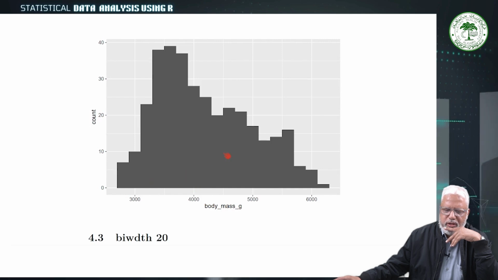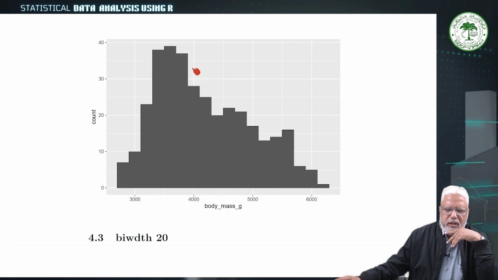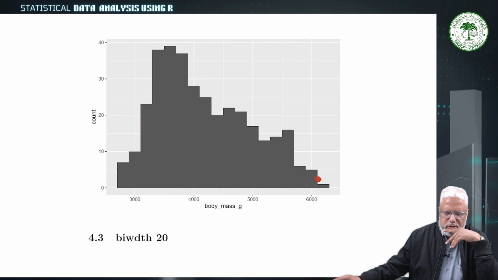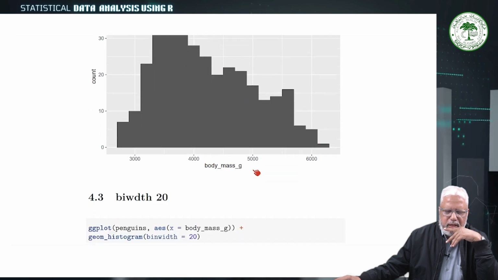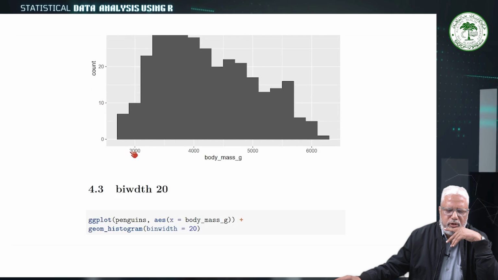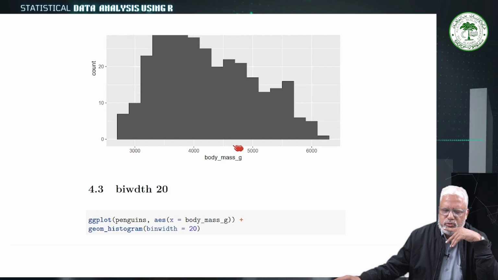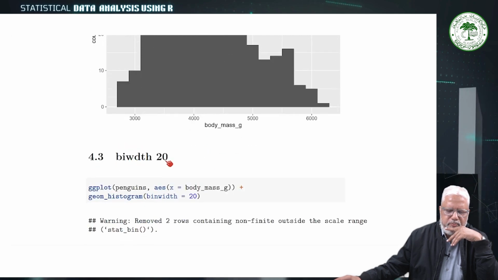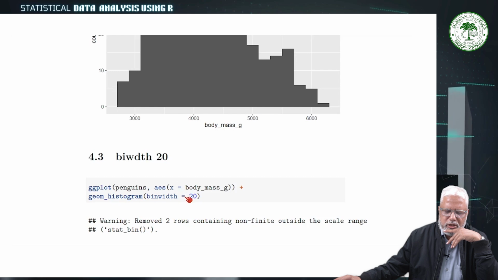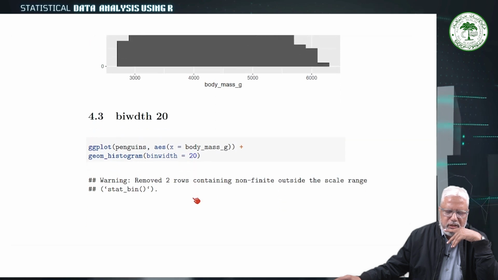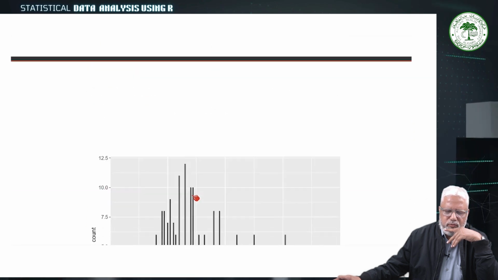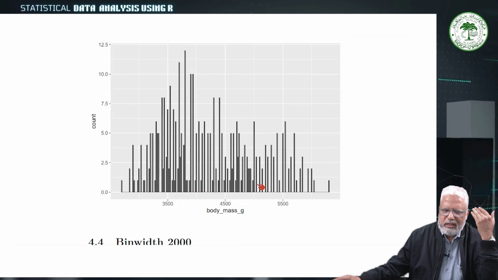With 200 bin width, we are having a skewed distribution. Because this ranges from 3000 to 6000, if we keep bin width smaller, instead of 200 just 20, see what we can get. We can get this kind of plot.